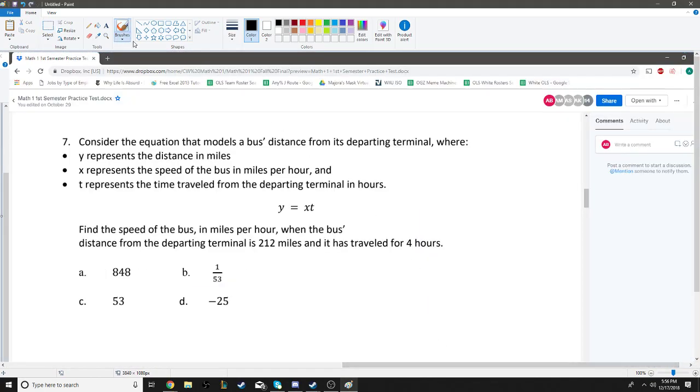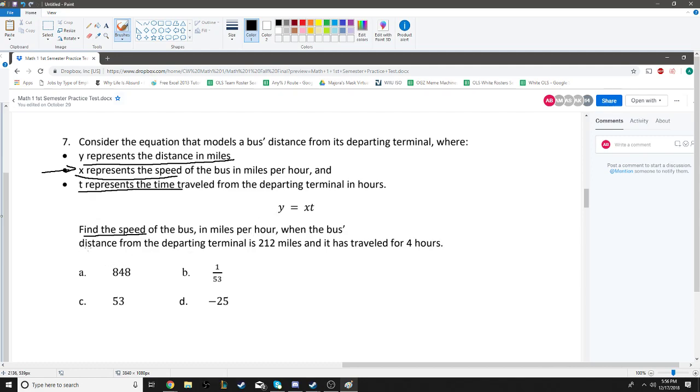Number 7. Consider the equation as distance. Y represents distance in miles. X represents speed. T represents time traveled. So this says find the speed. That's our goal. We want to find x. We need to solve for x. Okay?